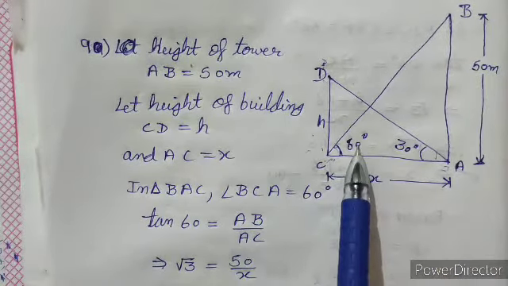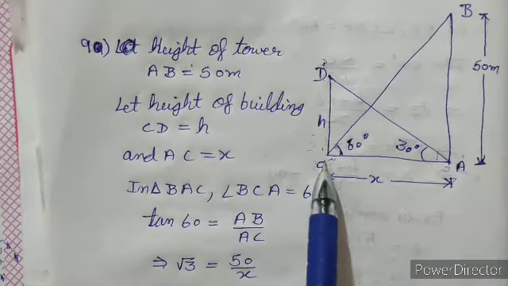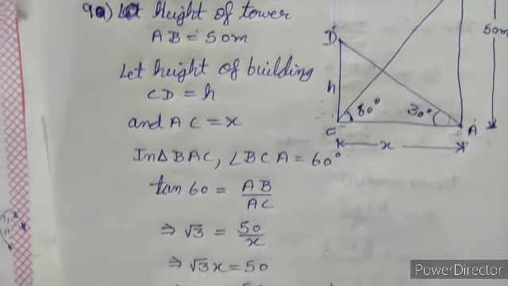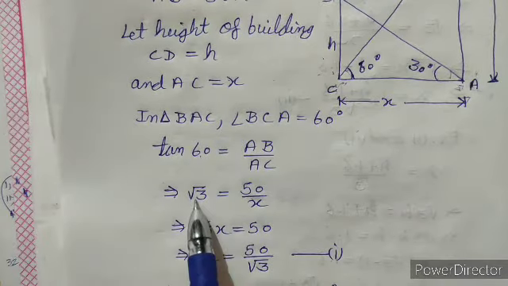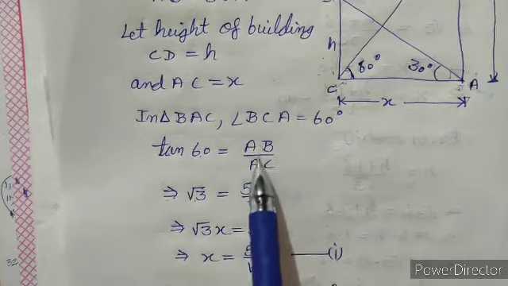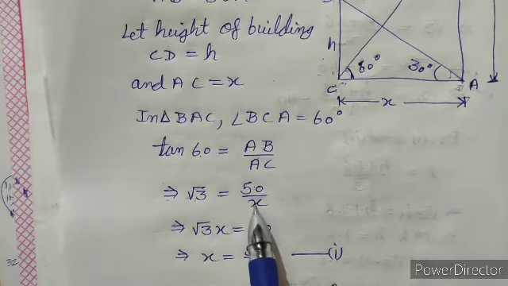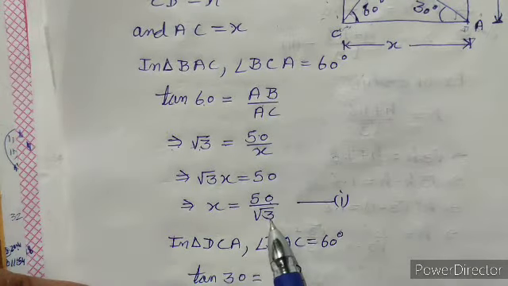So tan 60 will be equal to AB upon AC. Here the value of AB is 50 and AC is x. And as we know, the value of tan 60 is root 3. So root 3 will be equal to 50 upon x, and that will give us the value of x as 50 upon root 3.